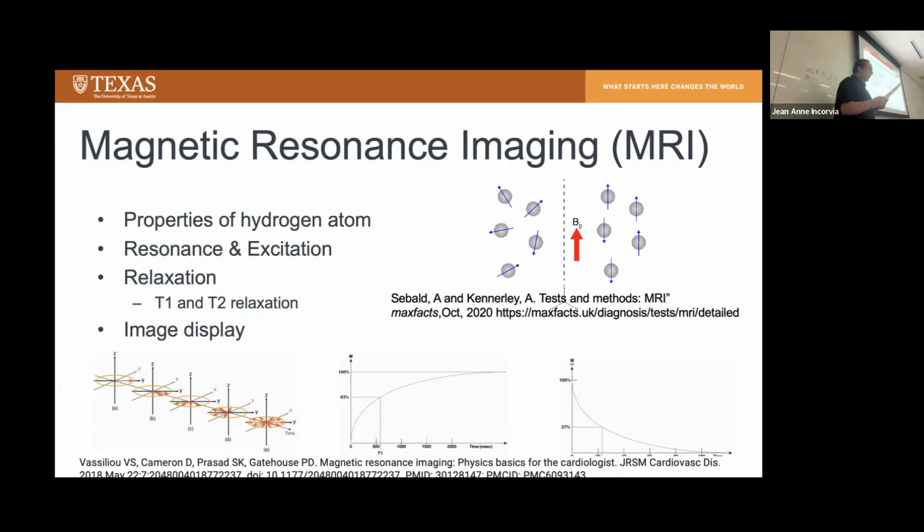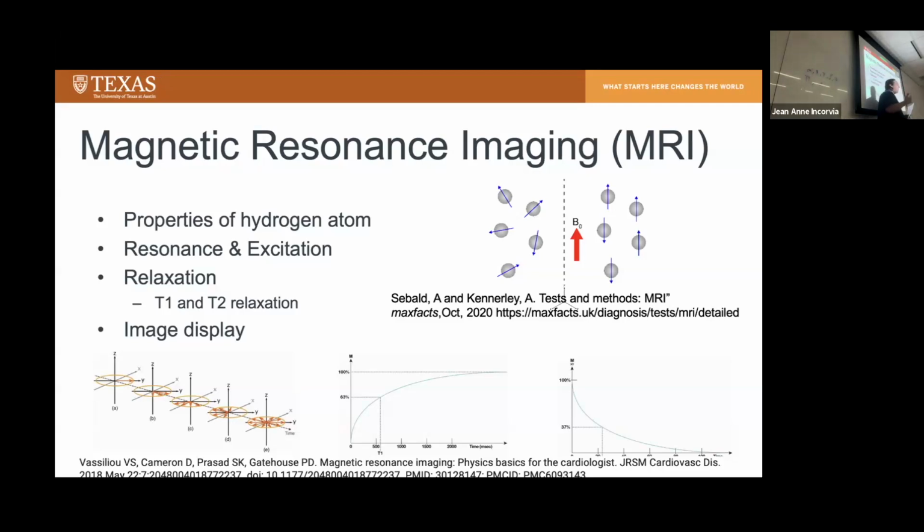The spins will acquire energy from the RF pulse. However, the spins will gradually return to the original lower energy states, like I mentioned. That's what we call T1, or spin lattice relaxation. And T2 relaxation basically refers to the decay in time of the axial spin.